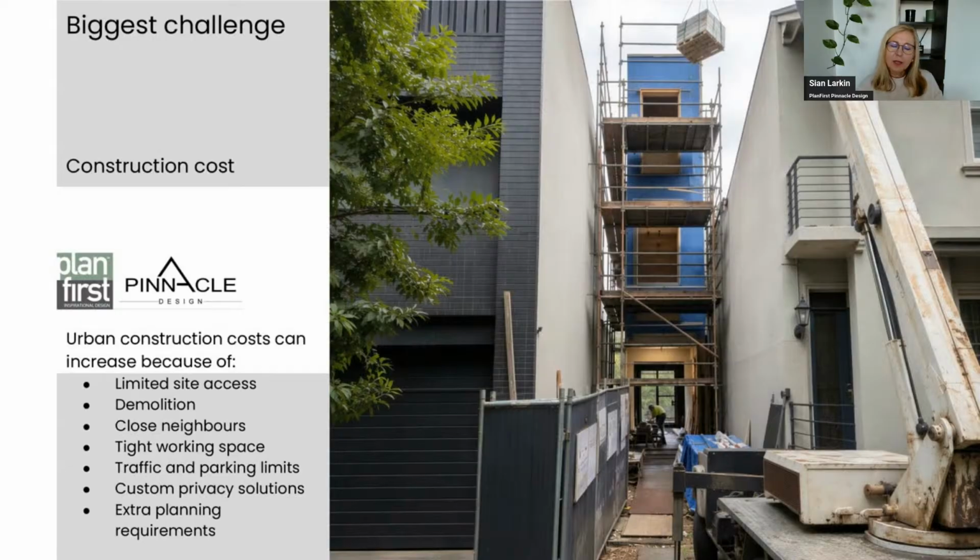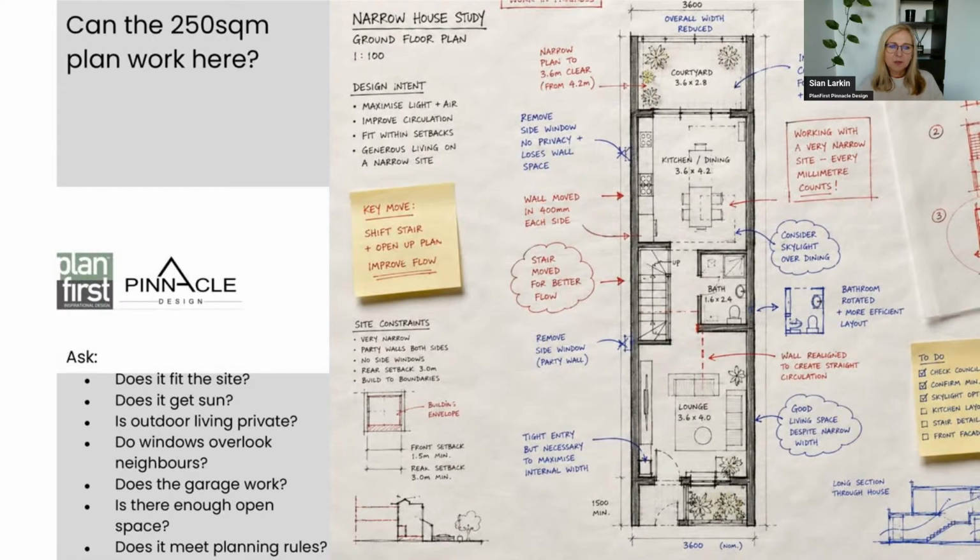And then you've actually cost your relationship with your neighbours pretty much till the end of time. So a lot of things to consider with urban sites. And just have a look at the extra planning requirements that generally are in place for these types of builds.